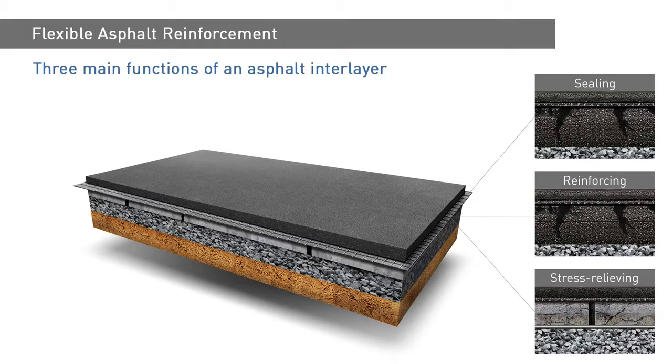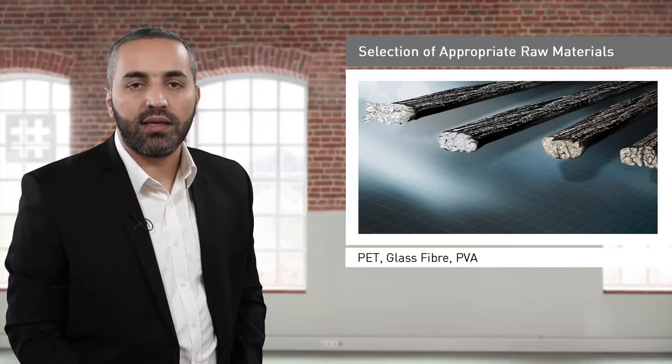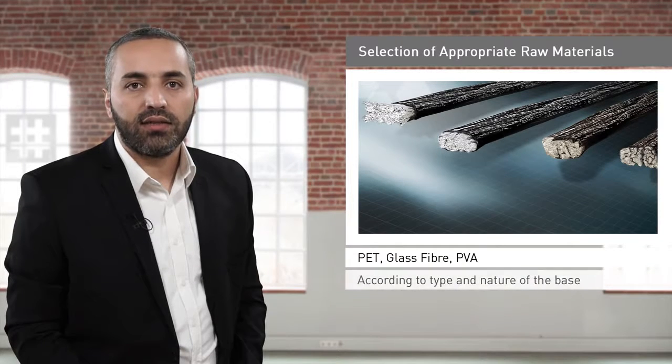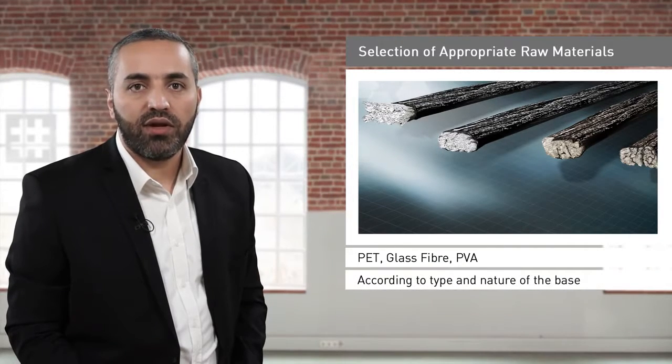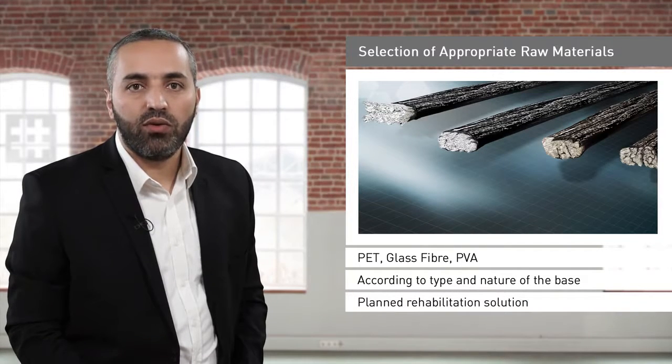A wide range of applications exists, and each of these requires the selection of appropriate raw materials. Asphalt reinforcement products made from polyester, glass fibre, or polyvinyl alcohol, PVA, are available and are selected according to the type and nature of the base and the planned rehabilitation solution.